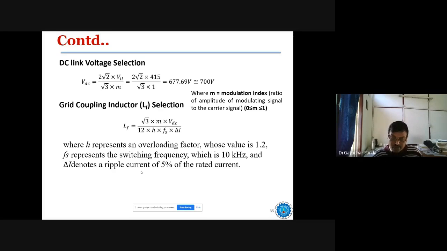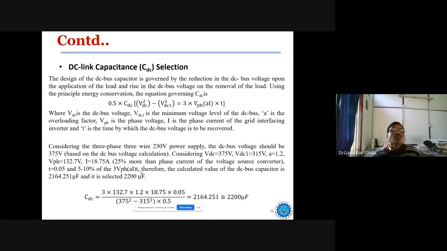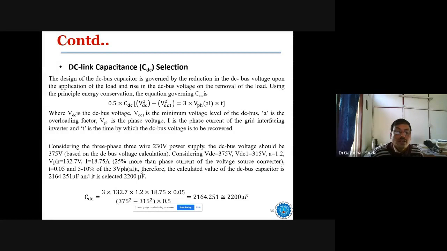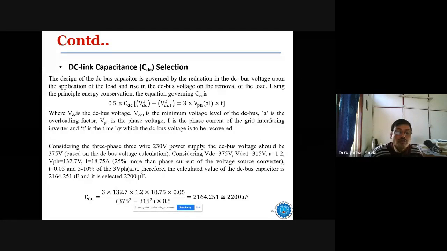We will not be discussing these things, but when you are simulating any system, first you design the parameters, then you go for the simulation or experimental purpose. This is the DC link capacitance selection also, taking the ripple into consideration. The value of CDC is calculated. One example is also given here to find out the value of CDC.